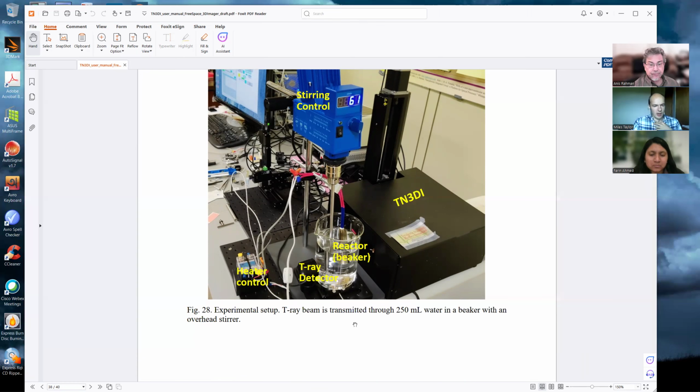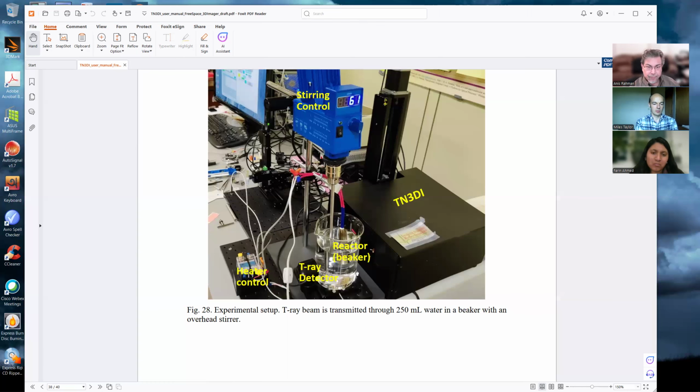Now, if I allow some solute inside that solvent and with stirring, it will go into solution. How fast is it going into solution? And what is the concentration of that solution? These are the two questions that become important.